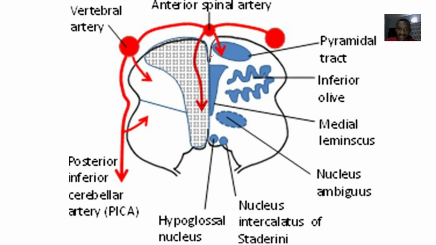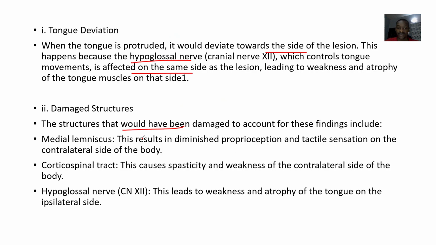You see this area that has been shaded, right? The area that has been shaded that looks like a gun. Okay, it shows all the structures that have been damaged. So medial lemniscus is one of the structures that have been damaged. So if medial lemniscus is damaged, it results in what? Diminished proprioception and tactile sensation on the contralateral side of the body.